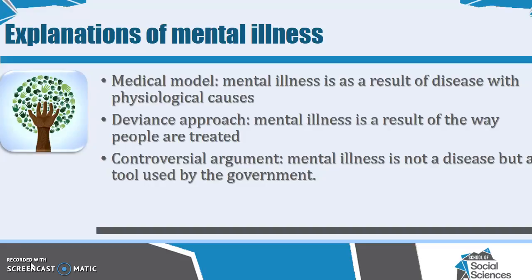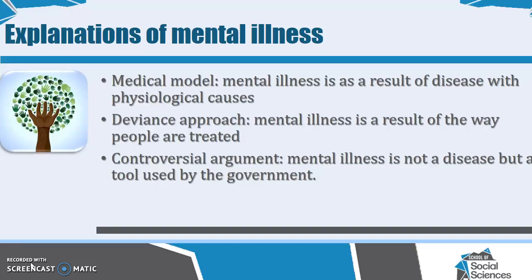The deviance approach is sort of different. It says that mental illness is a result of the way people are treated. It includes the labels that people get, and when they are labeled in certain ways, sometimes they conform to these labels.